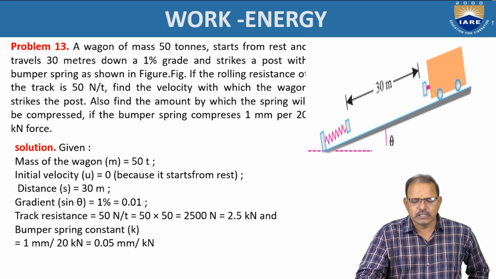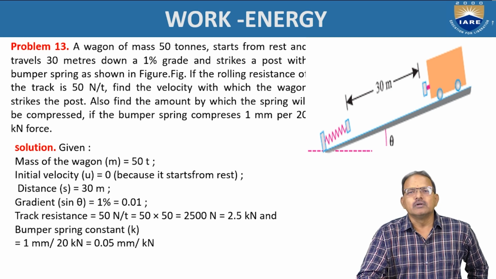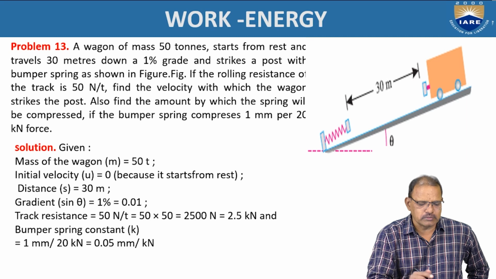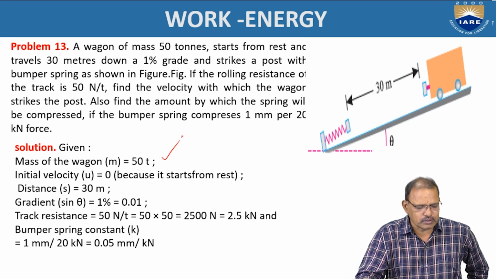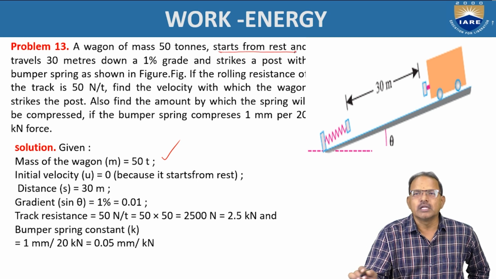If the bumper spring compresses 1 mm per 20 kilonewton force. Okay, the given data within the problem: the mass of the wagon is equal to 50 tons. Initial velocity is equal to 0 because it starts from rest.